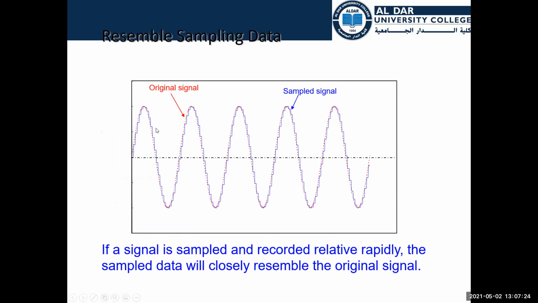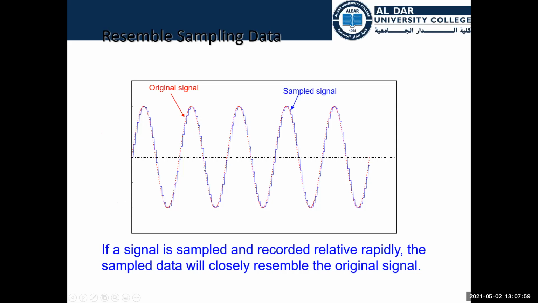In sampling, our objective is to get very near to the original signal. We have the original signal as a sine wave in this dotted red line, and we need to make samples so that we get very near to the original signal.